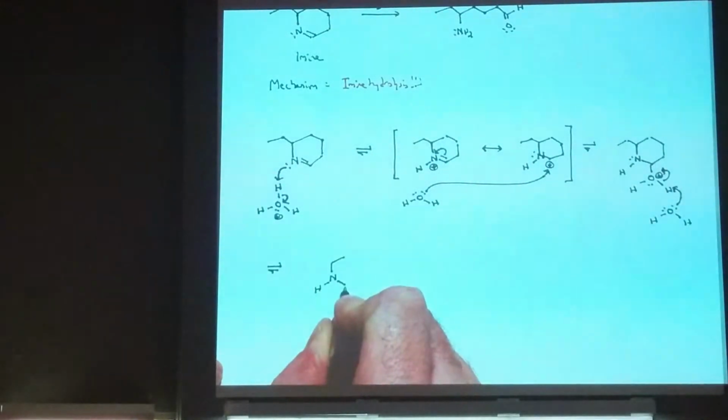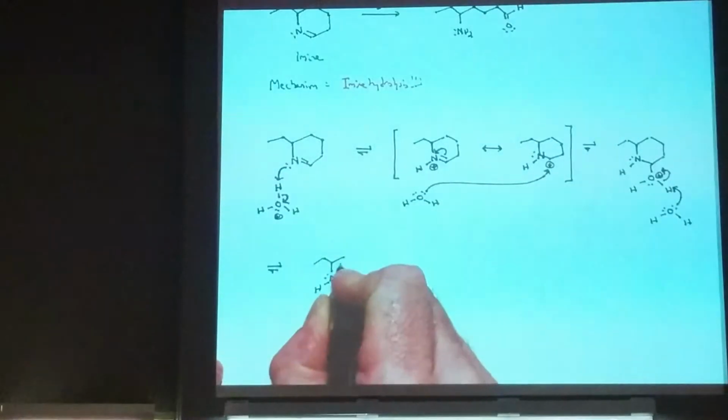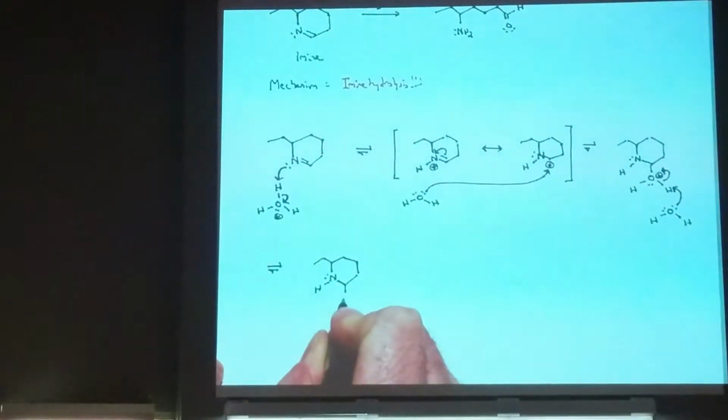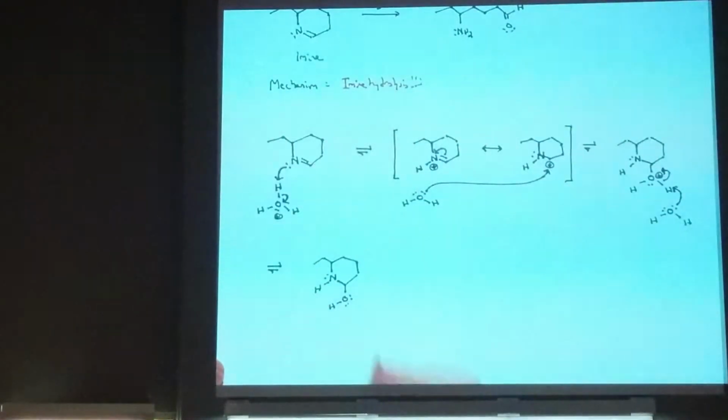So now we've got our carbonyl amine is what it boils down to. So there's that ethyl group, close off the rest of the 6-member ring. OH, H3O+.